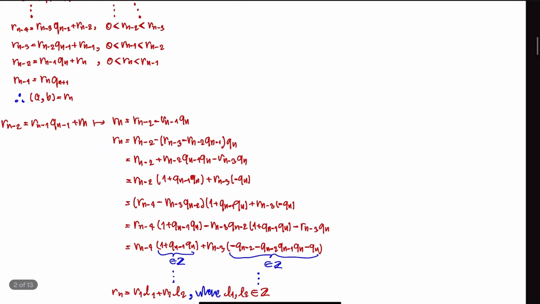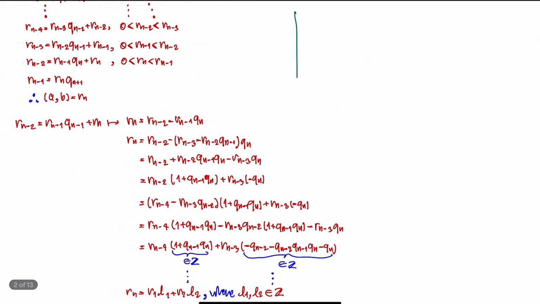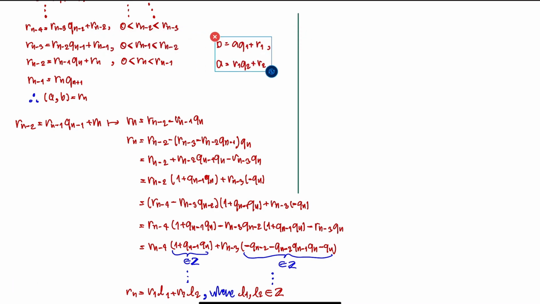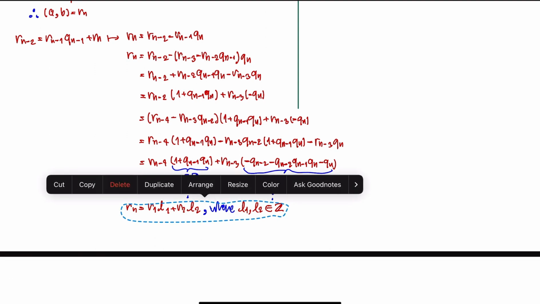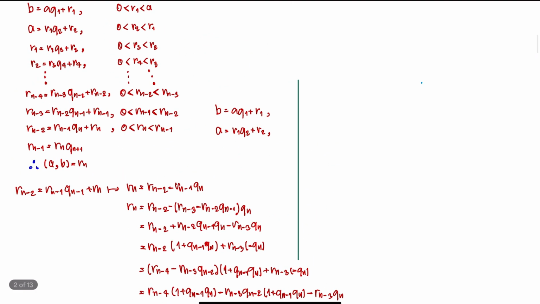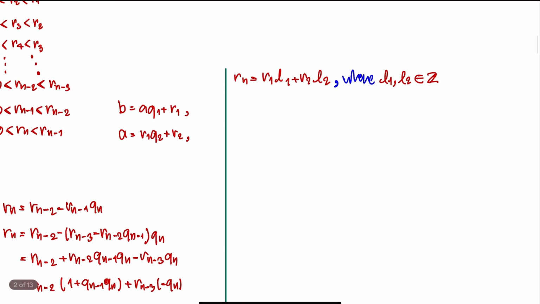Let's rewrite somewhere here. Okay, let's go up here, and substitute R1 by this and R2 by this one.